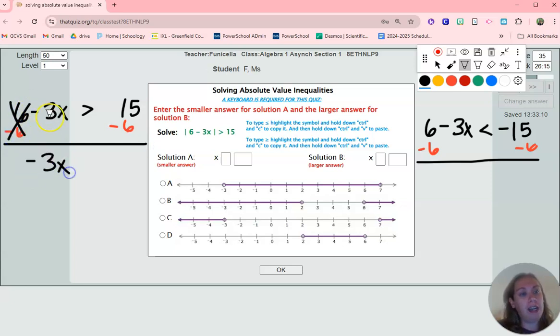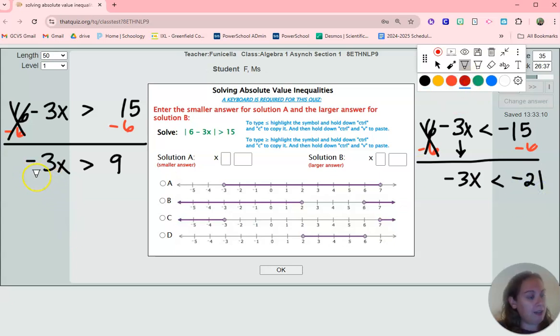Don't forget that 3x is negative, so we're bringing down a negative 3x is greater than 15 minus 6 is 9. And on the right side, we bring down that negative 3x is less than negative 15 minus 6 is a negative 21.